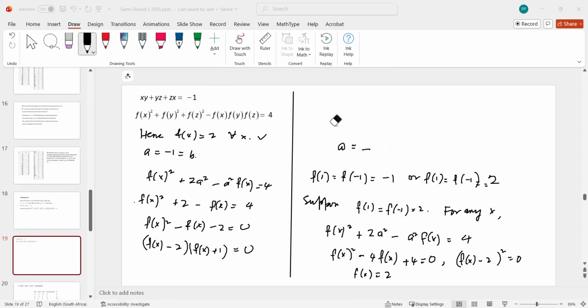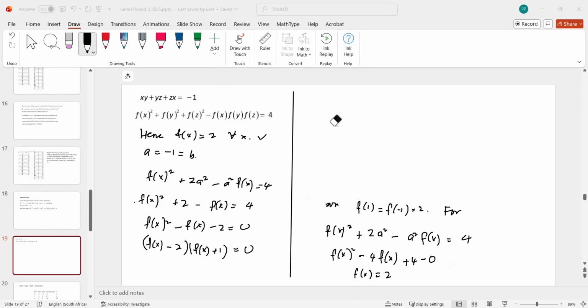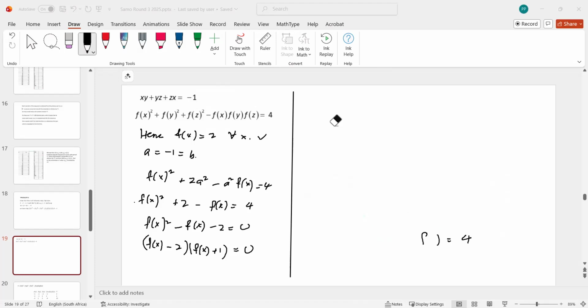What we are saying is that this condition that we have had eventually led to a situation where the function can have only two possible values, either 2 or negative 1. Only two possible values. So what I'm going to do is now look at all the situations where f of x is either equal to 2 or equal to -1.